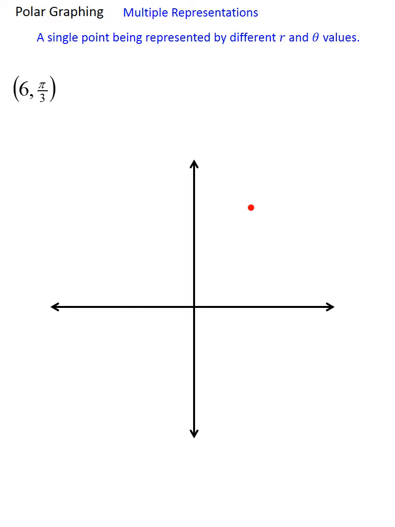But let's look at other ways we could represent this point. This angle here, which we just called pi over 3, we could represent as a much larger angle. Imagine we were to go a full revolution around the circle, or 2 pi, and then keep going an additional pi over 3. 2 pi plus pi over 3 simplifies to 7 pi over 3.